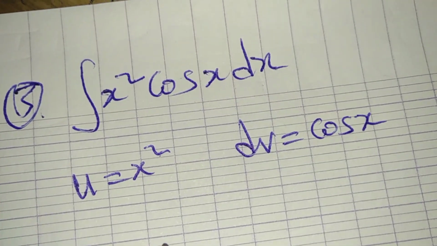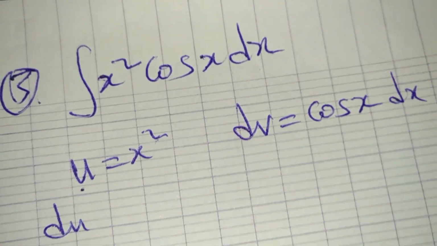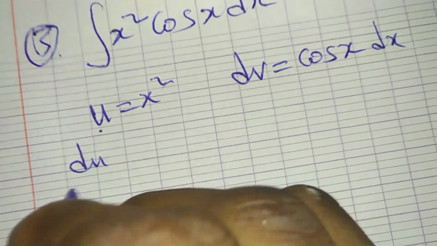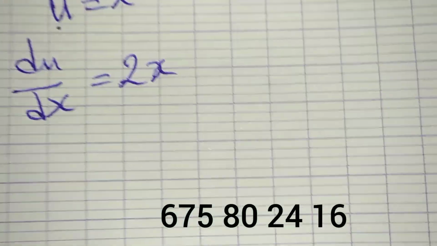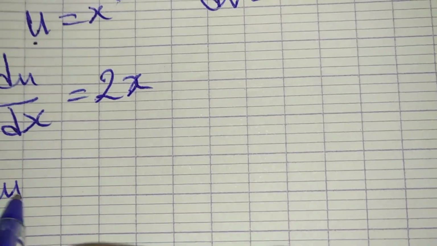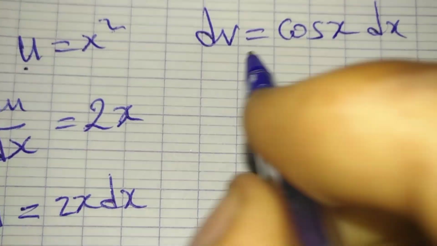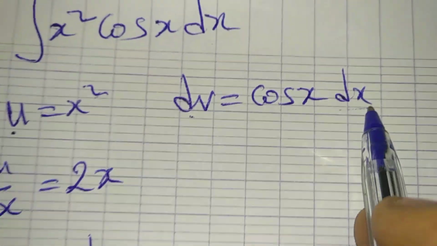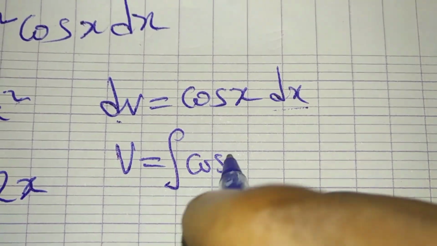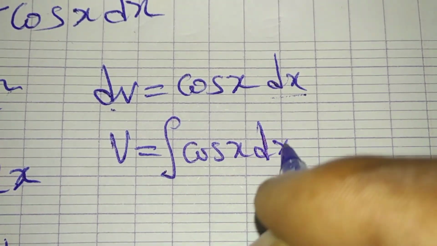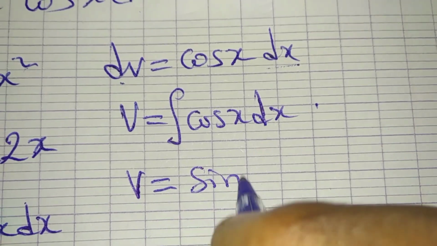So if u is x squared, then du dx is equal to 2x, and so du is equal to 2x dx. Then if dv is equal to cos x dx, then v will be the integral of cos x dx, and so v will be equal to sine x.